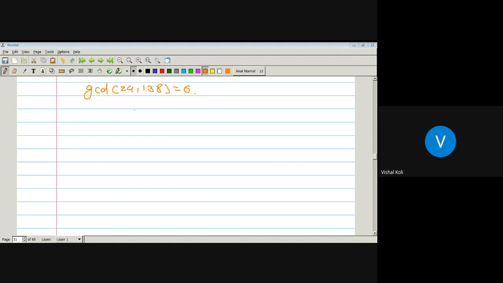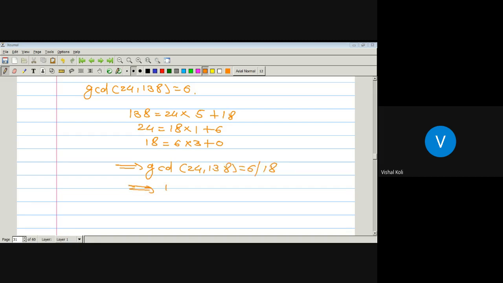That is, 138 is nothing but 24 into 5 plus remainder 18. 24 can be written as 18 into 1 plus 6, and 18 can be written as 6 into 3 plus 0, which implies GCD of 24 and 138 is 6, and 6 divides 18, which implies the given equation has a solution.